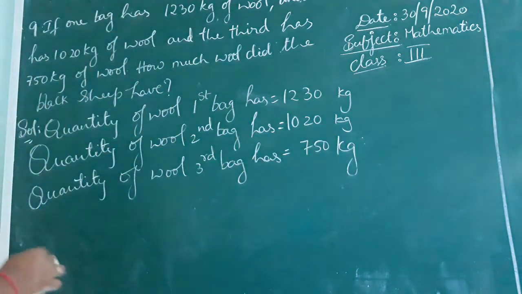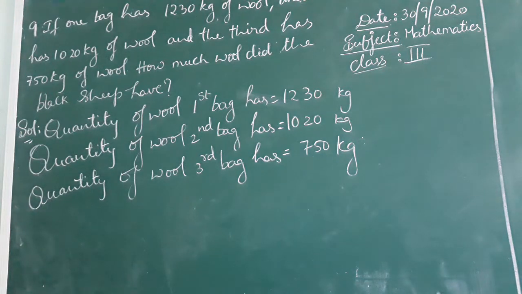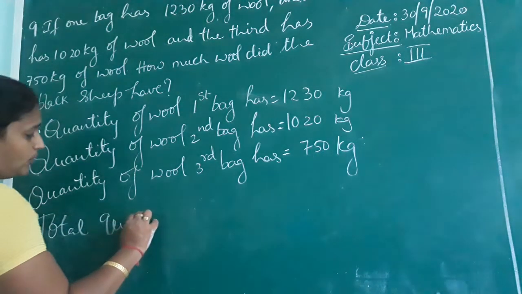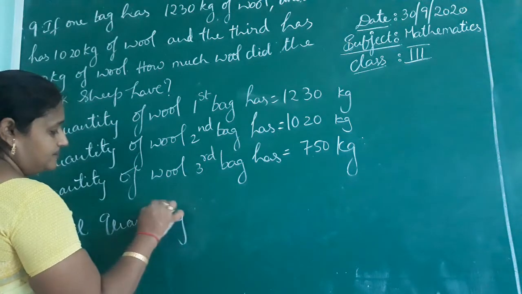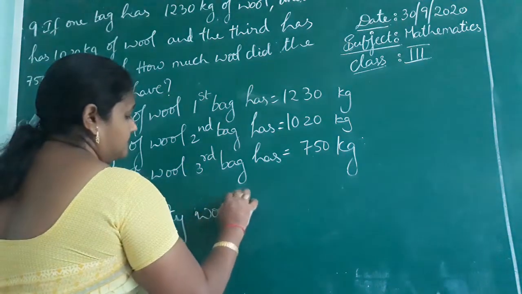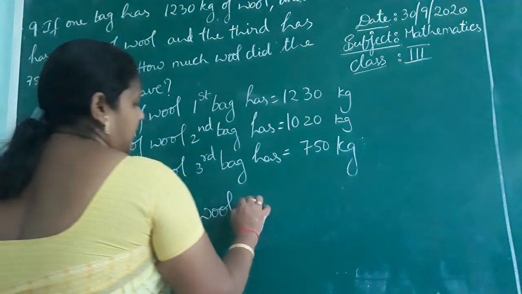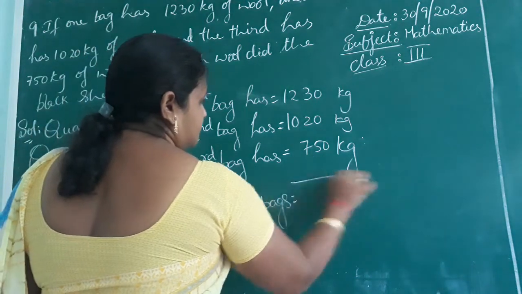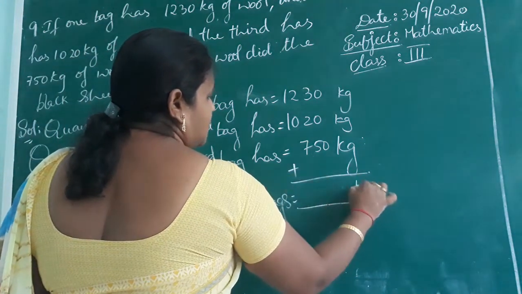The question is how much wool did the black sheep have. That means how much wool it has in total. So total quantity of wool in 3 bags. Add it, children.